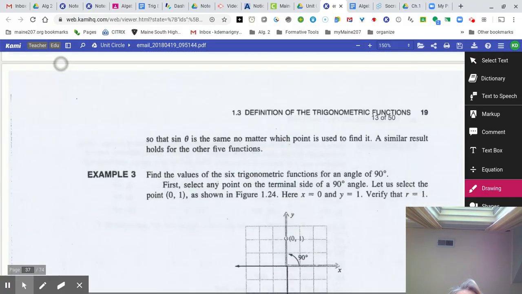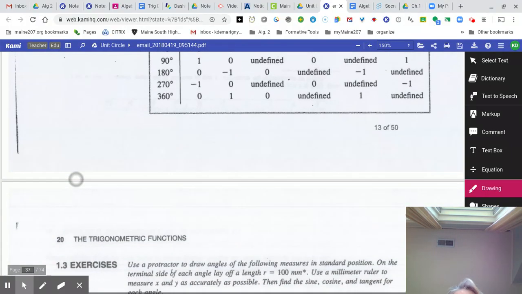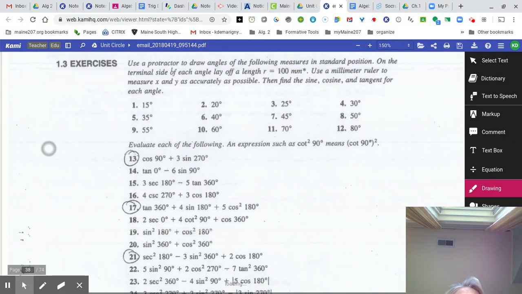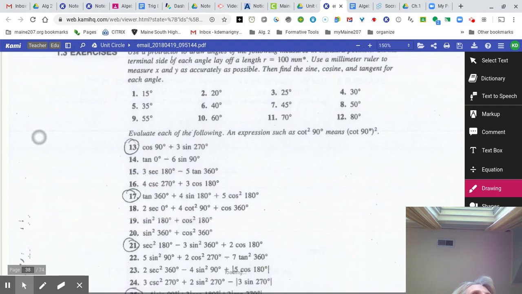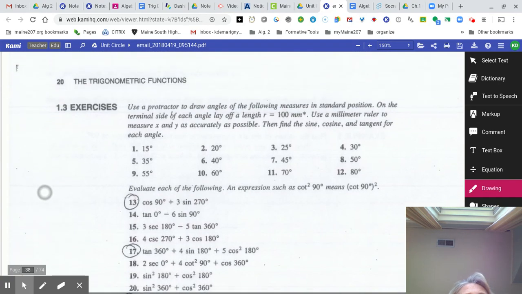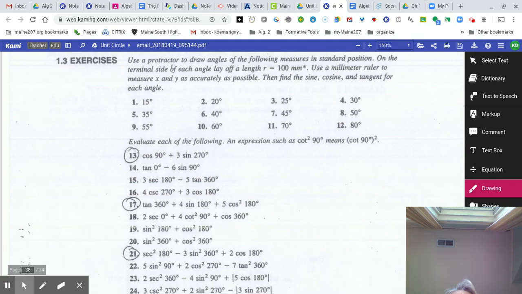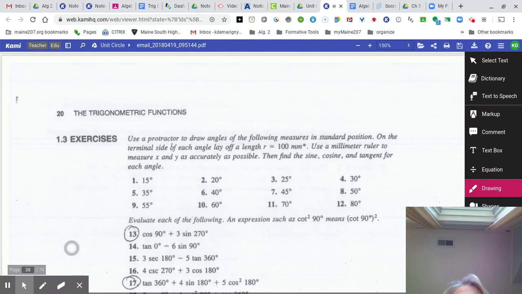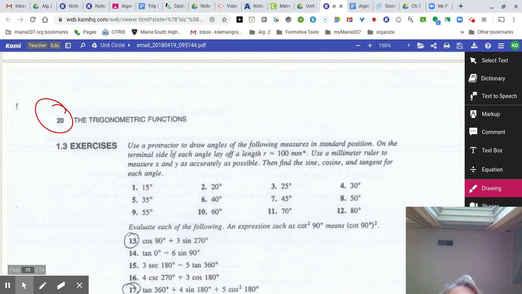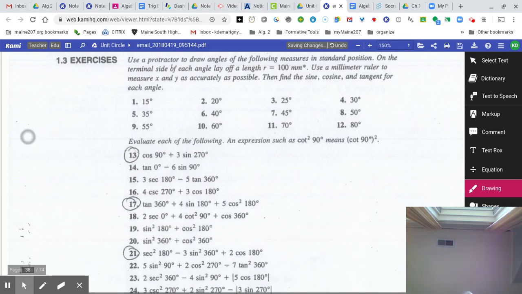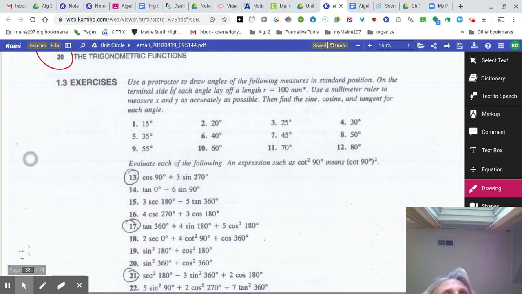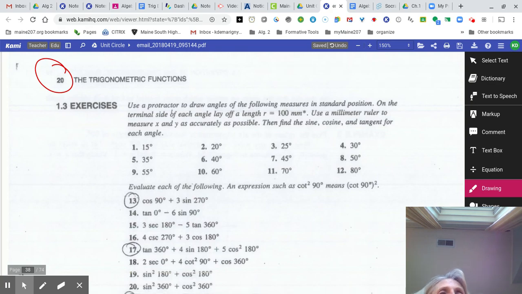Did I go too far? Here it is, I believe. Yep. Let's see where it says page 20 for you. Oh, right here. If I'd open my eyes, I'd see it. Sorry. So here's what I'm talking about on page 20.